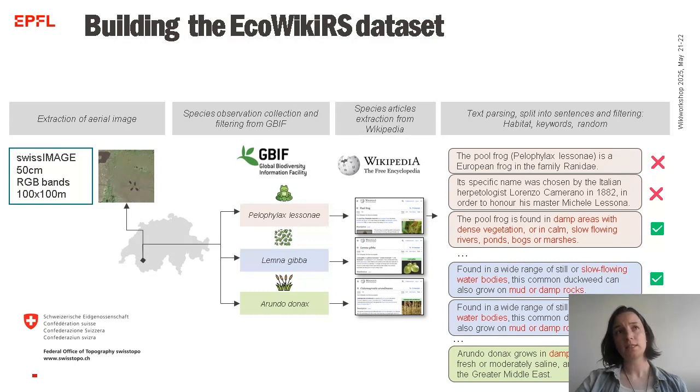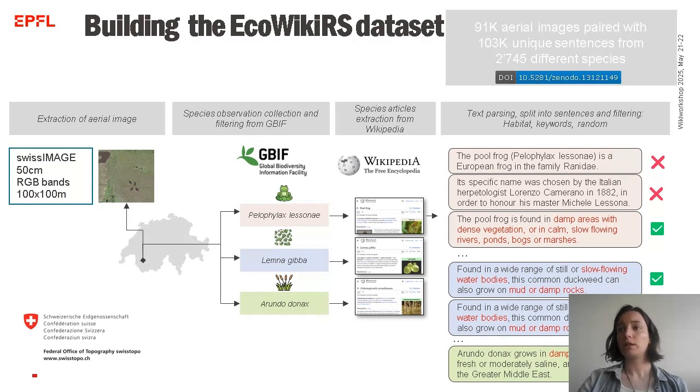So this is still quite a complex dataset, where some sentences are a good description of the image content and some don't. Overall, about the dataset statistics, we collected over 90,000 area images with 100,000 different sentences from about 2,700 species. The dataset is also openly available on Zenodo if you want to have a look at it.